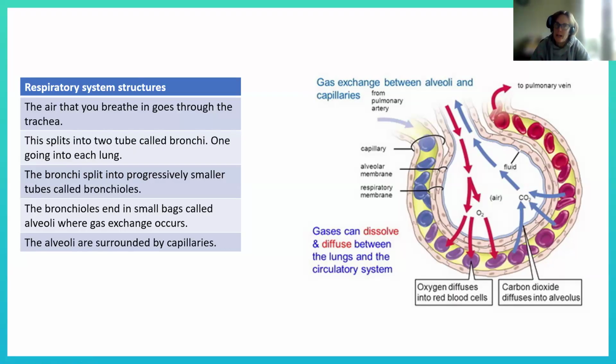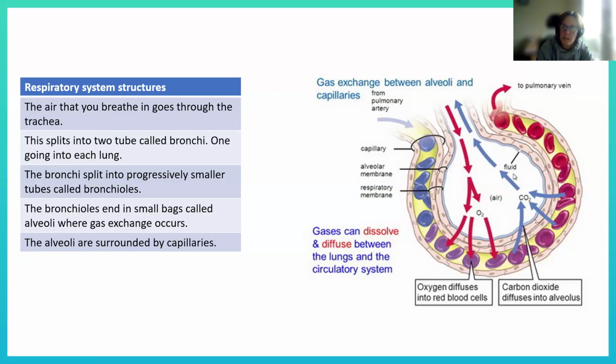And remember back, quite a few weeks now, when we talked about diffusion, we said it's just the spreading out of particles from where they're in high concentration to where they're in low concentration. So if we've got loads of oxygen over here, high concentration, not much over here in a low concentration, it's always going to want to spread out until we reach a sort of equilibrium.